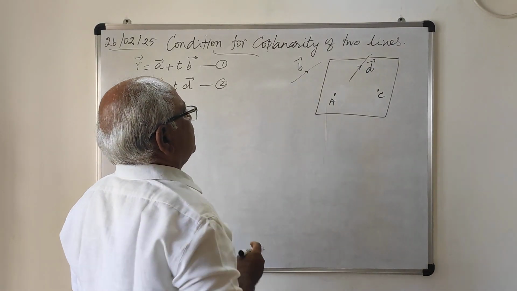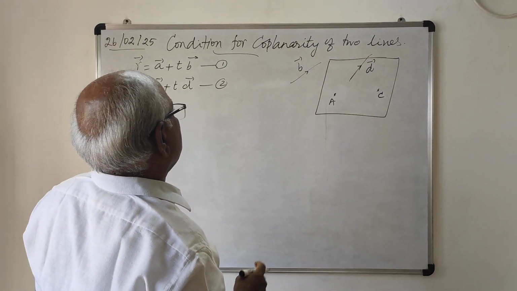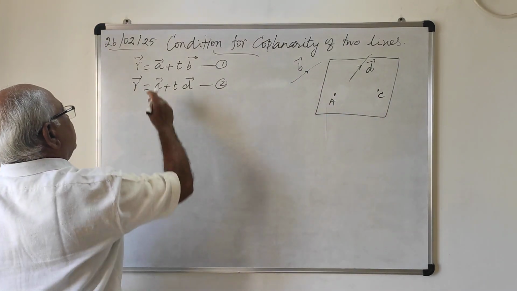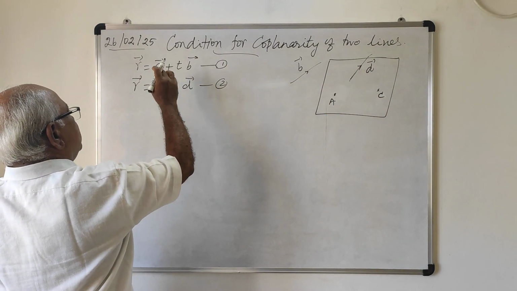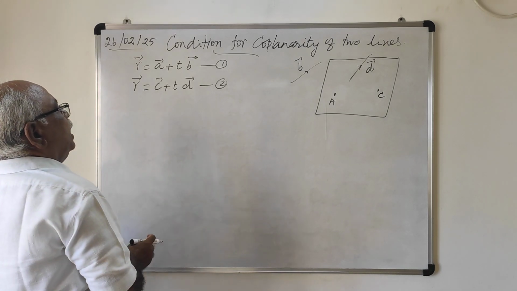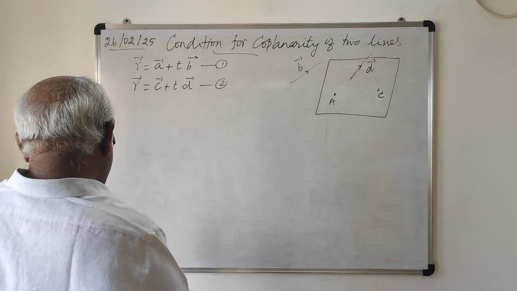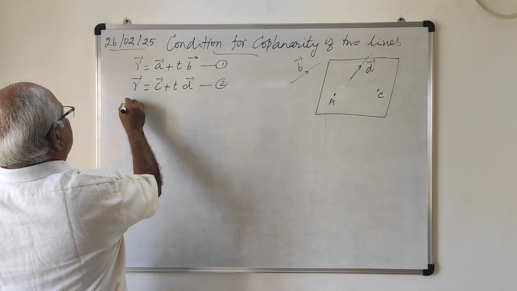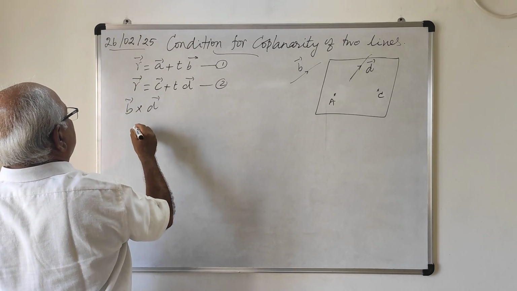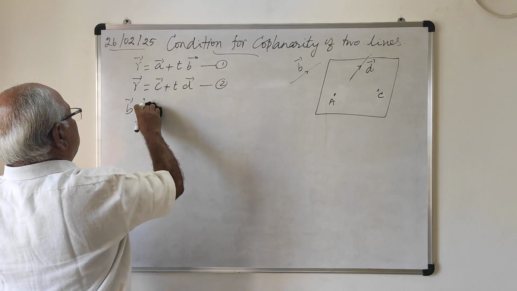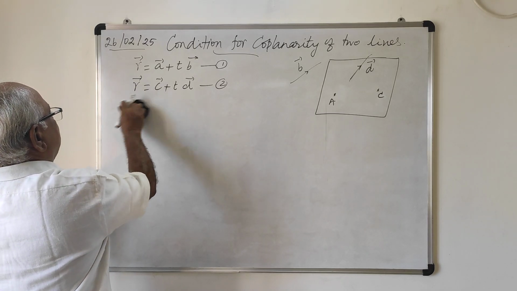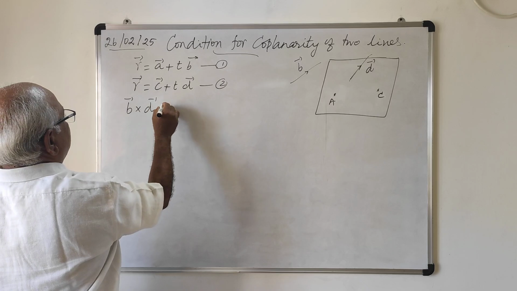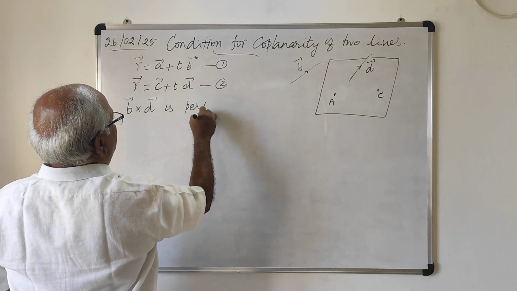There are two vectors which are parallel to the plane. a and c are the position vectors of the points A and C. So the cross product of the two vectors, b cross d, is perpendicular to the plane.